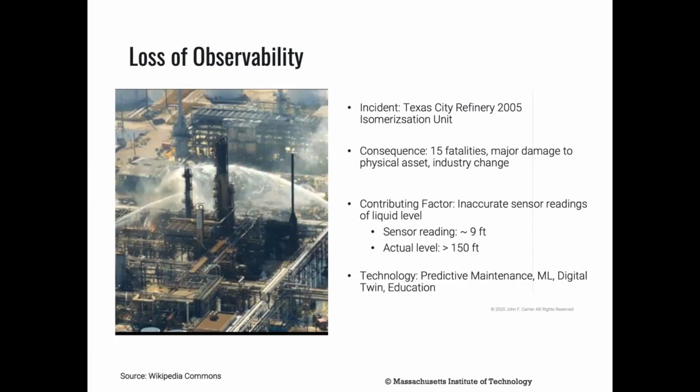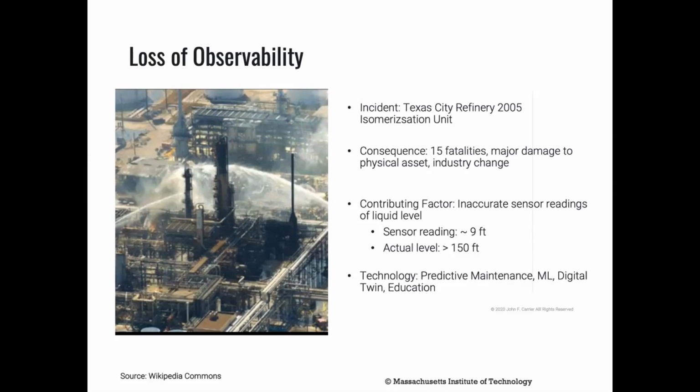And here was the loss of observability that contributed to this tragedy. Essentially, they started with 3 sensors for measuring level, and they were down to 1 sensor that's saturated to 9 feet top reading. Unfortunately, the column actually filled to over 150 feet, and this lack of observability resulted in this disaster.